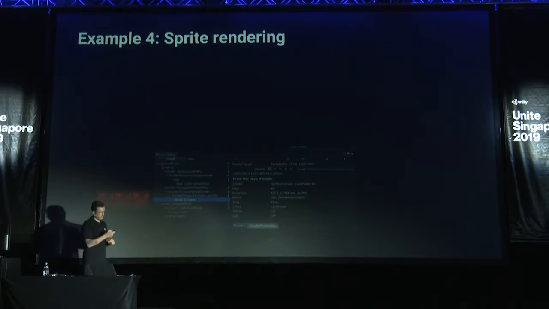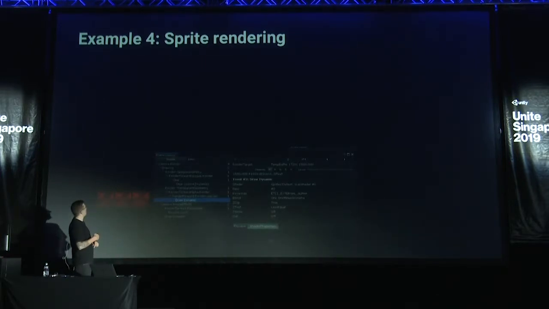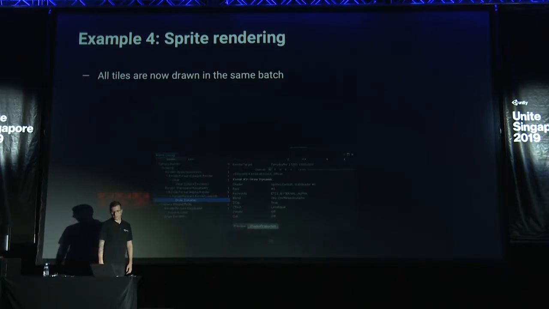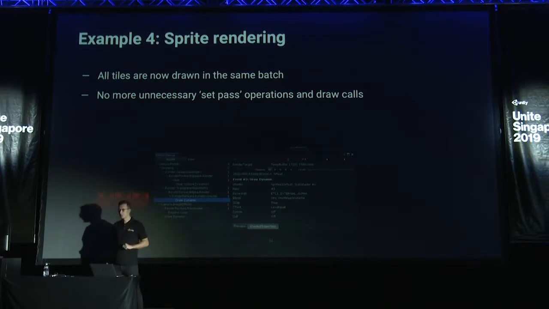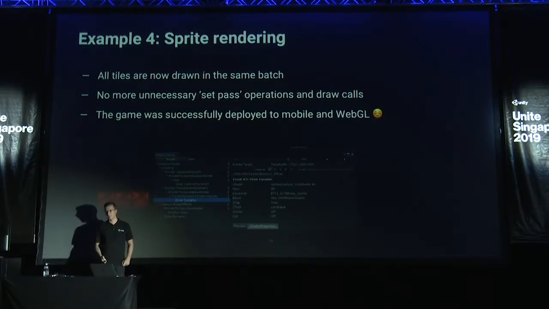After this, we saw that all 3 tiles are drawn within one draw call. So this basically allows us to remove all the unnecessary draw calls. And the game was successfully deployed to mobile and WebGL without any problems.